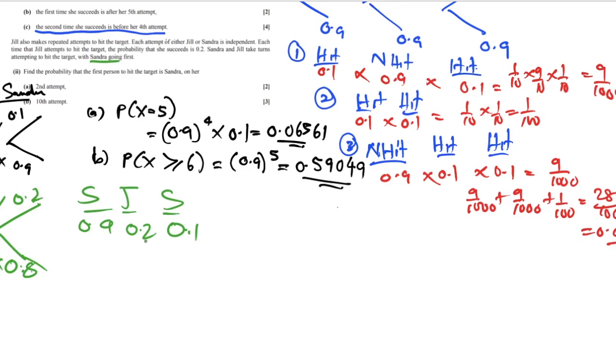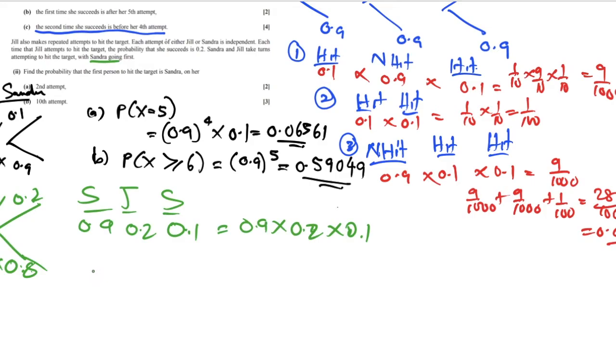First attempt for Jill, she may hit the target, but the second attempt for Sandra, she hits the target. So this is 0.9 multiplied by 0.2, times 0.1. And then let's look at the other possibilities. Sandra may hit. Can she hit?